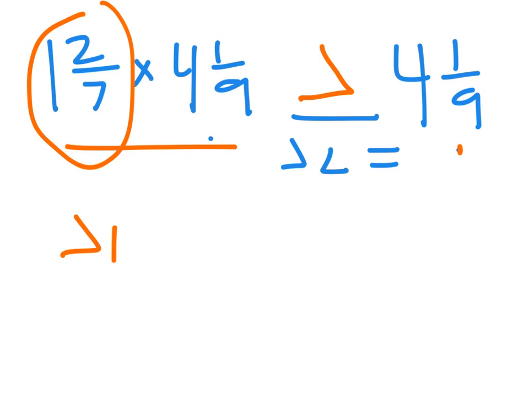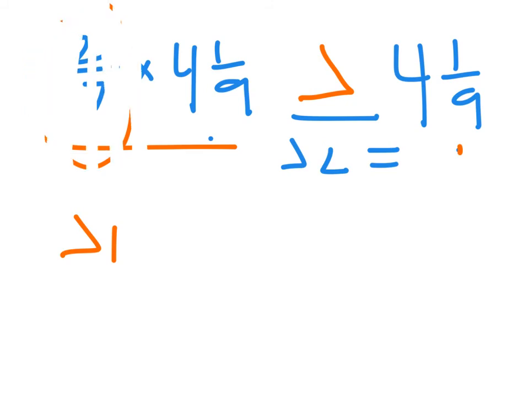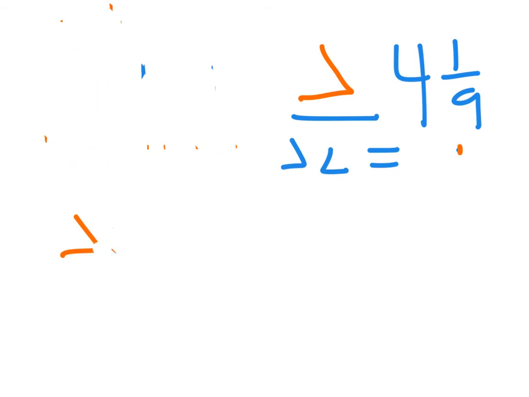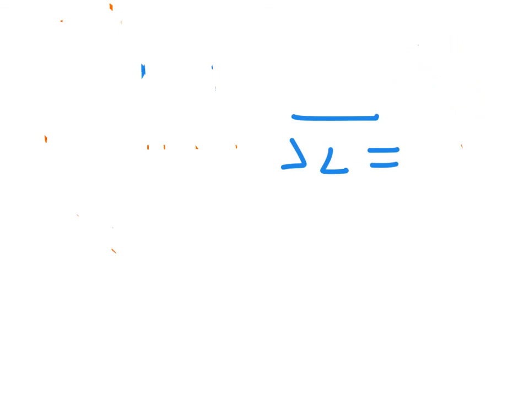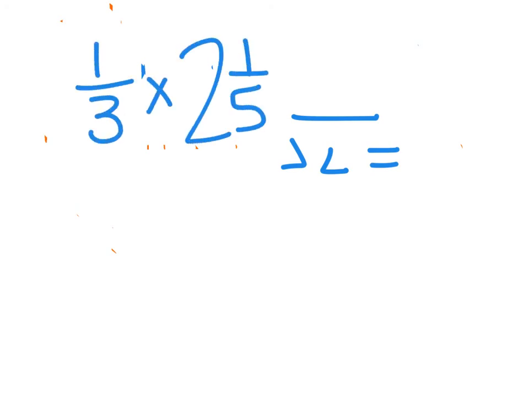Okay, let's look at another one here. And if you need to keep the rules up in front of you as you're learning this, that's totally fine. Hopefully you can get used to those 3 rules and use your reasoning skills a bit more though. If I had 1/3 times 2 and 1/5, and I want to know, how does that compare to 2 and 1/5? Is it bigger than 2 and 1/5, less, or equal?